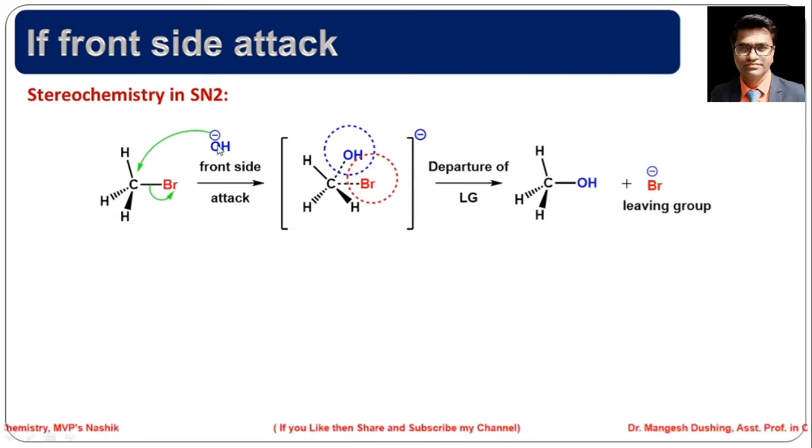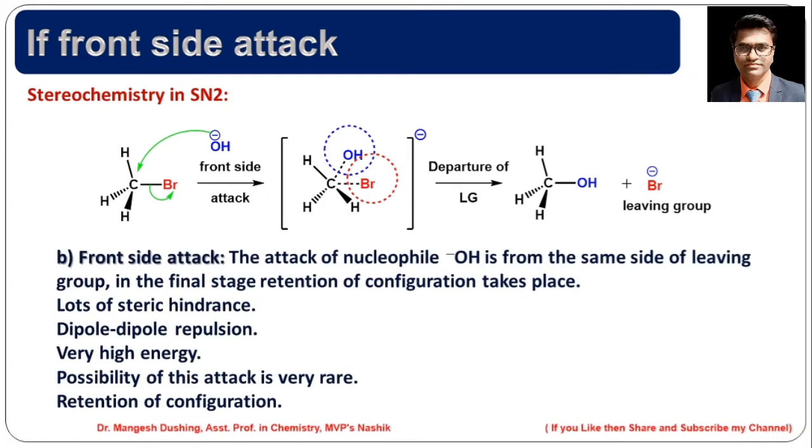Now if the nucleophile comes from the same side as the leaving group, then there will be no inversion of configuration. This is called retention of configuration. Suppose this molecule is chiral, then this product is also chiral, but there will be retention of configuration. So R remains R, S remains S.